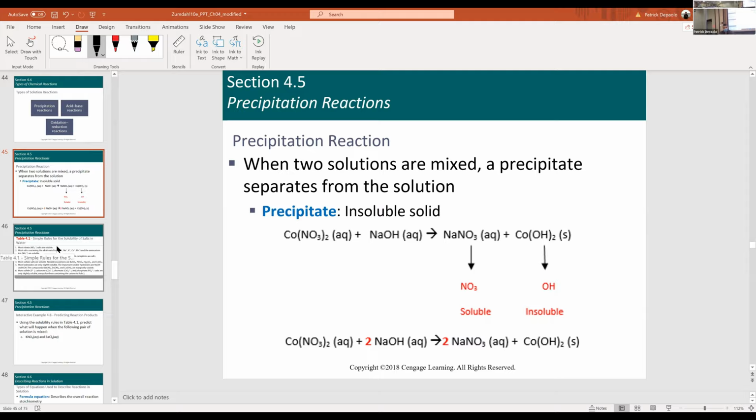But in order to analyze a precipitation reaction, we're going to learn about the net ionic equation, the complete ionic equation, and ways to analyze it and see exactly what's going on at the ionic level. It really makes you understand the molecular behavior of some of these ions. And in order to understand that, we need to concentrate on these rules.